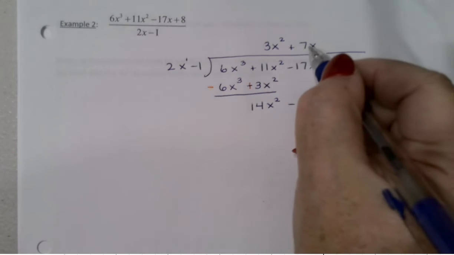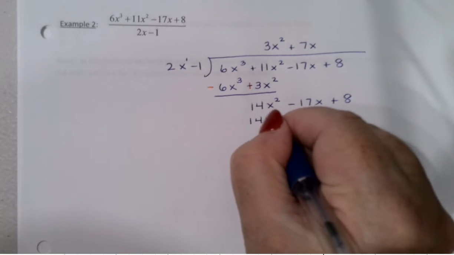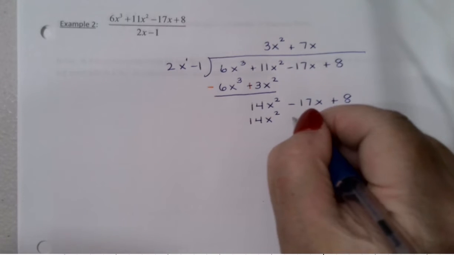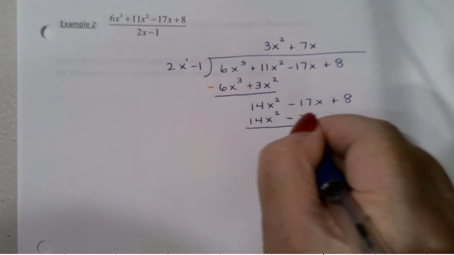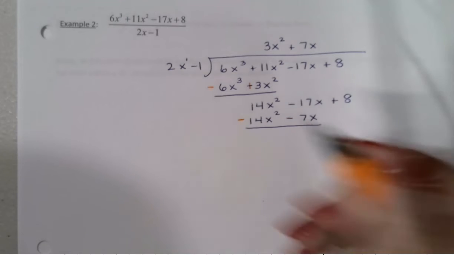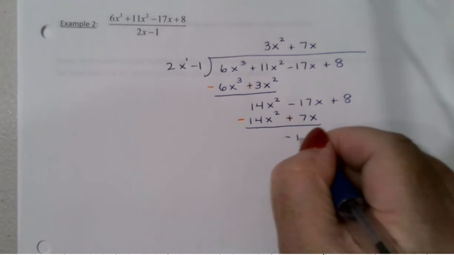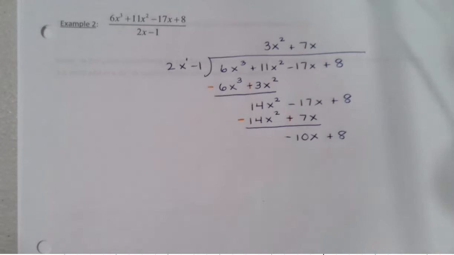Multiplication step. 7x times 2x, 14x squared. 7x times negative 1 is negative 7x. Subtract makes that negative, but we'll make that positive. So I have negative 10x. And I'll bring down that plus 8.